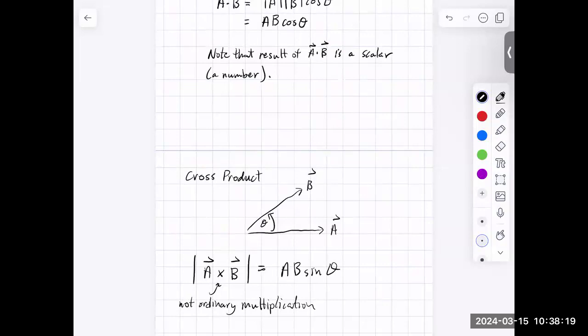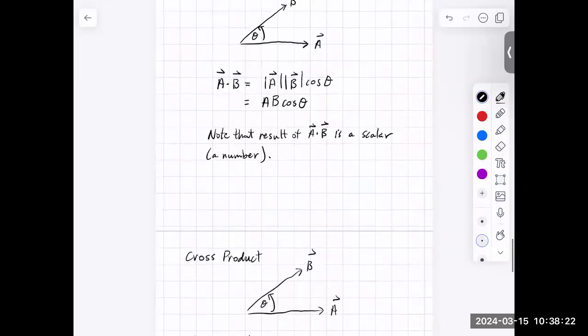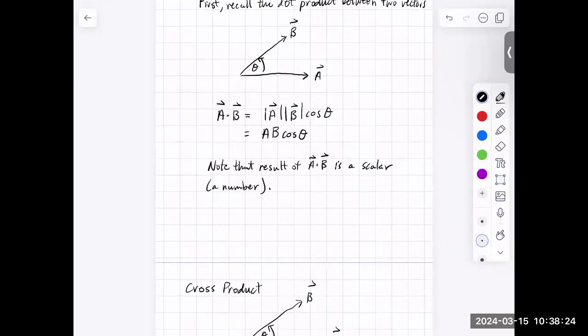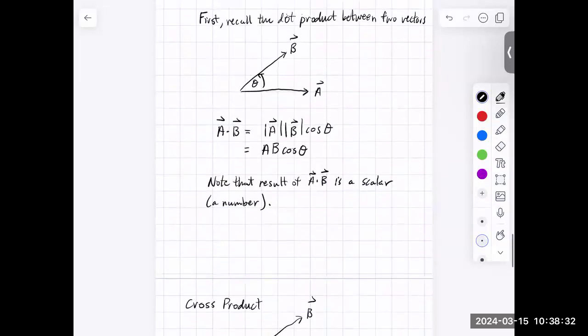That's right. So let's do a bit of an interpretation of this AB sine theta and AB cos theta. Okay, so we'll go back up here and let's think about B cos theta. What I can do is construct a right angle triangle, where the hypotenuse is length B. So what is B cos theta? Is it the opposite side or the adjacent side?